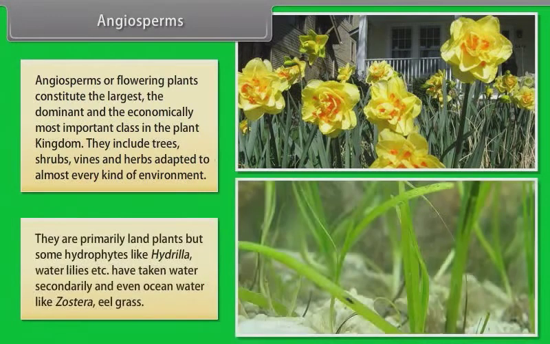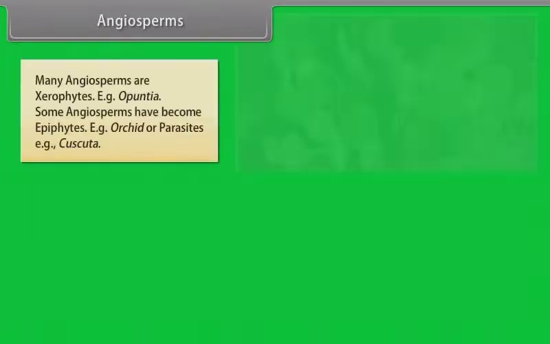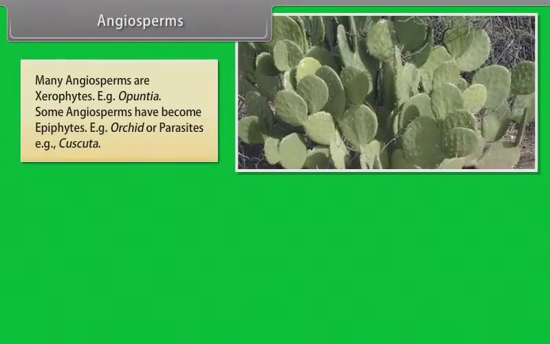They are primarily land plants, but some hydrophytes like hydrilla, water lilies, etc. have taken to water secondarily, and even ocean water, like Zostera, eel grass. Many angiosperms are xerophytes, for example Opuntia. Some angiosperms have become epiphytes, for example orchid, or parasites, for example Cuscuta.